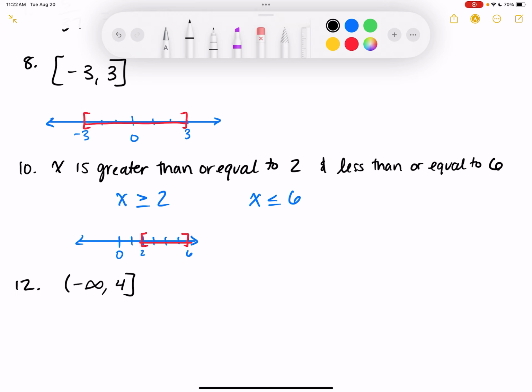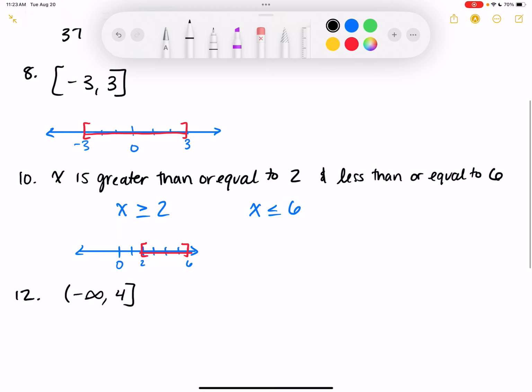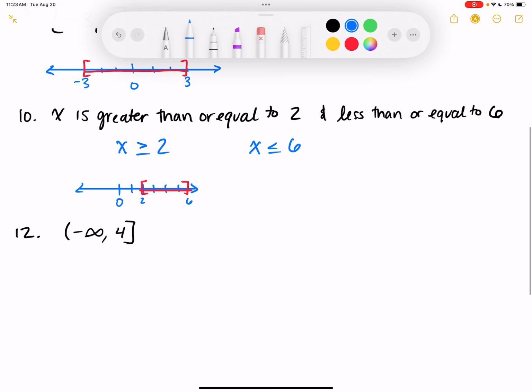Oh yeah, by just doing an arrow starting at negative infinity, right? Because it never ends. Then it ends with the bracket at 4. In inequality notation, you do negative infinity, then the sign without the line underneath, then x, and then 4 is greater than or equal to x.